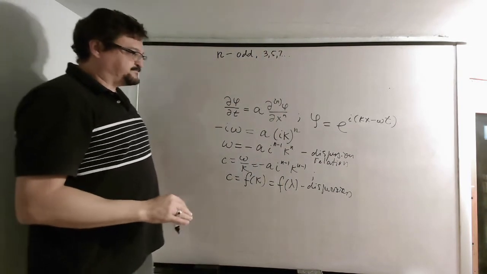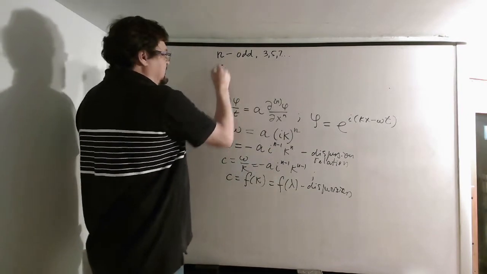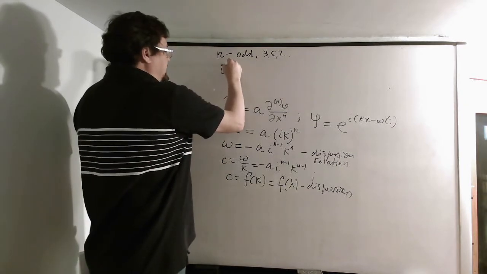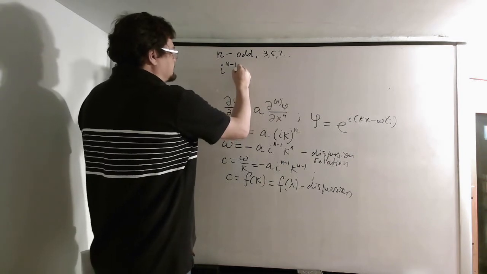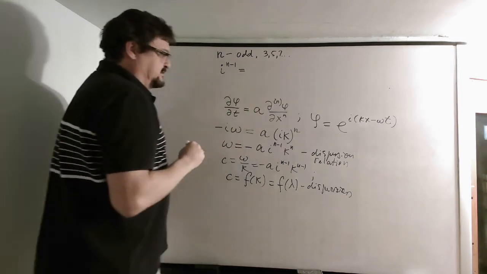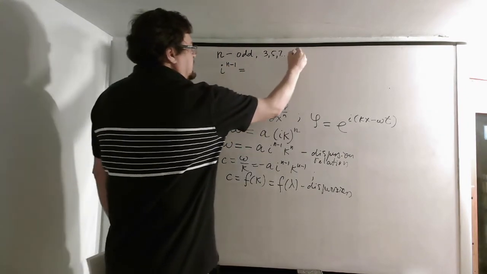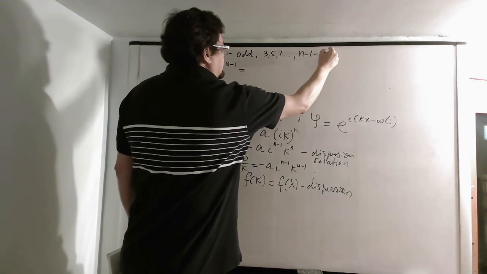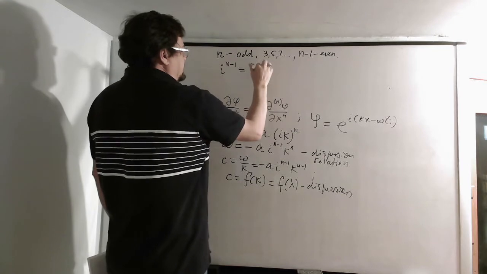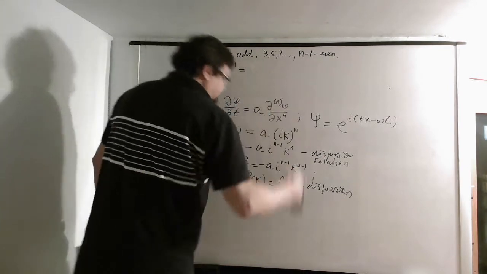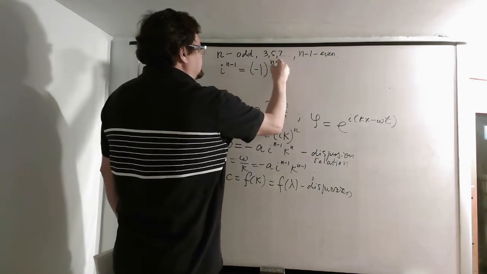What happens in that case? When we have an odd number, then i to the power of n minus 1 becomes i to the power of an even number, since n minus 1 is even, and this equals plus or minus 1 to the power of (n+2)/2.